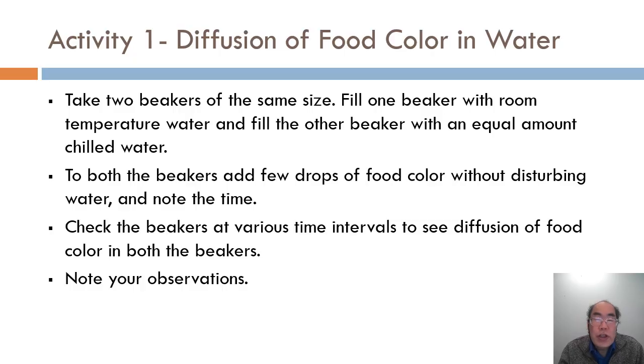And to both beakers, you're going to add a few drops of food coloring without disturbing the water, and note the time. And then you'll check the beakers at various time intervals to see the rate of diffusion of the food coloring in both beakers, and you'll note your observations.